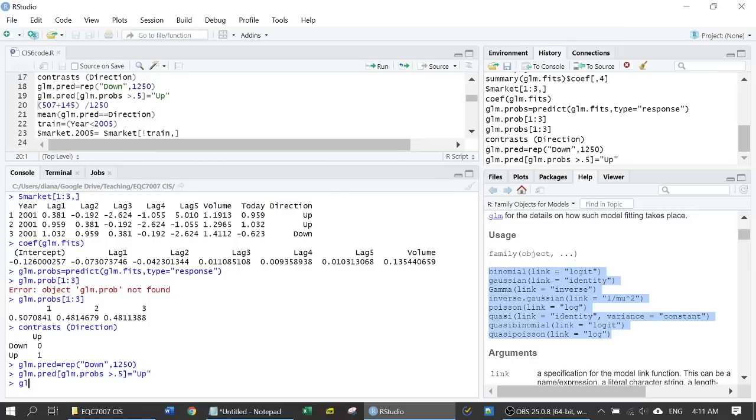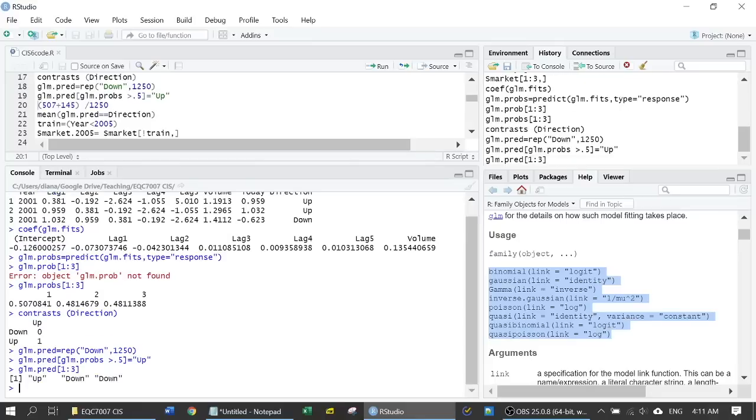Now let us type in glm.pred for 1 to 3. As you can see, it depends on the value of glm.probs. If it is larger than 0.5, it is up. If it is less than 0.5, it is down.